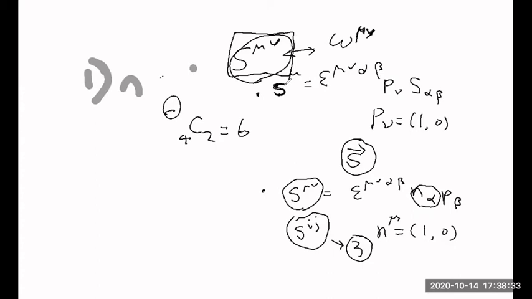When we have the total angular momentum tensor, we have J mu nu rho, and the spin current or spin tensor S mu nu rho is one part of this total angular momentum tensor.